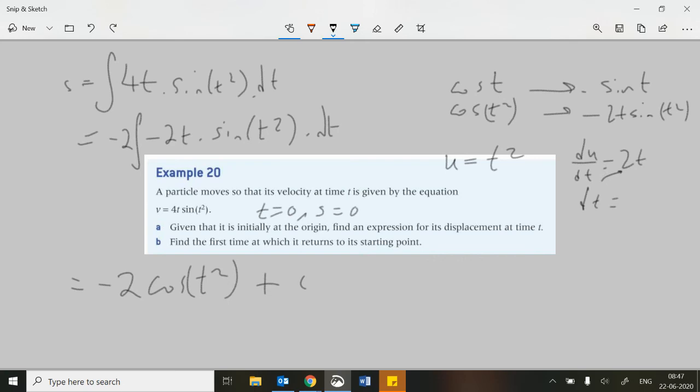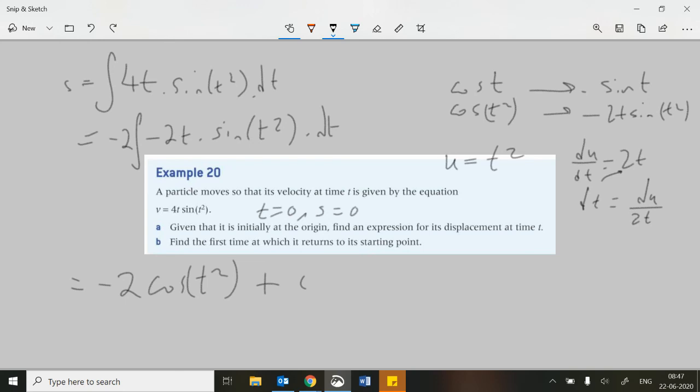You can replace dt by du over 2t, and when you replace that, you'll see that the t cancels, and then of course this will become u. So you can do it like that as well. But that's techniques from before.